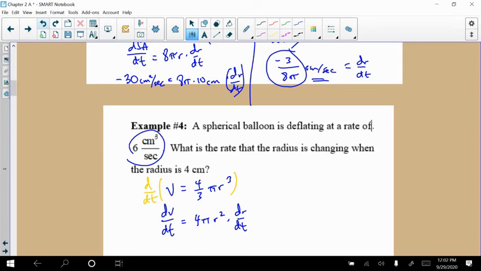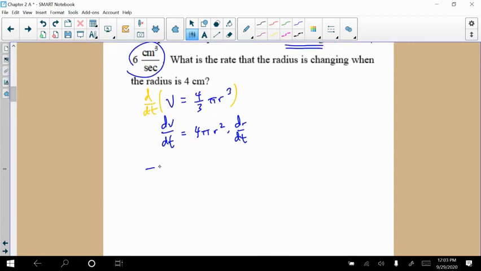All right, now let's start putting things in. It's deflating, so we're thinking decreasing at a rate of 6. So I could call that -6 centimeters cubed per second is equal to 4 pi, and then the radius at that particular instant, 4, so times 4 centimeters squared, and then we must be looking for the rate that the radius is changing, so dr dt.